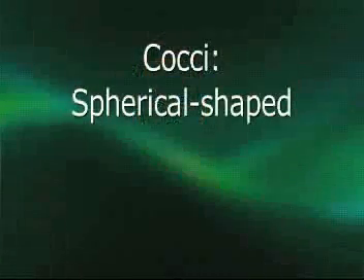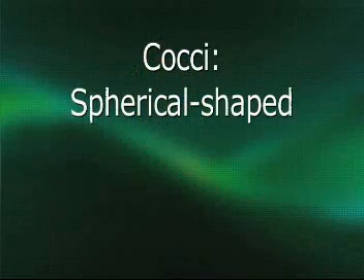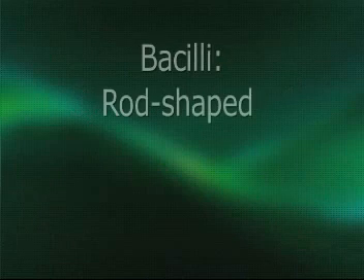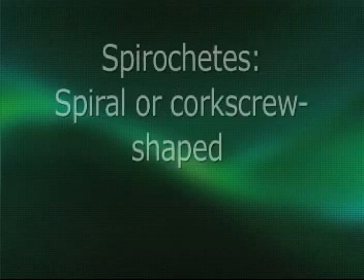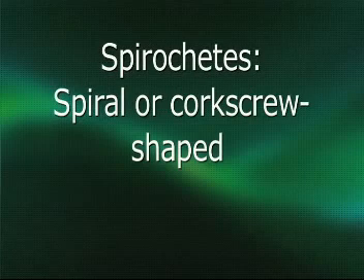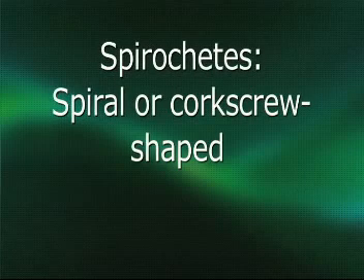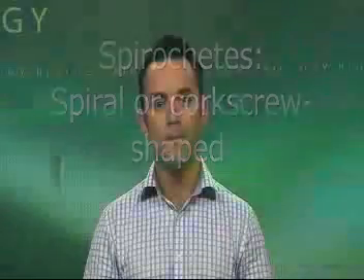Bacteria can be found in 3 main shapes: cocci, bacilli, and spirochetes. Cocci are spherical shaped. Bacilli are rod shaped. Spirochetes are spiral or corkscrew shaped. Here are some examples of each shape.